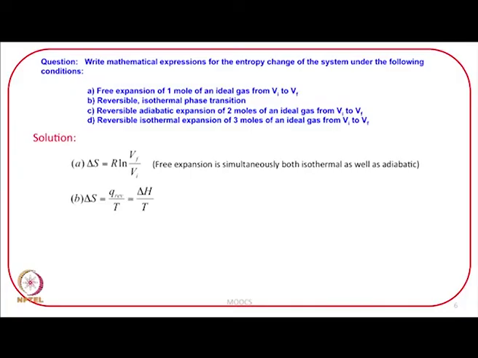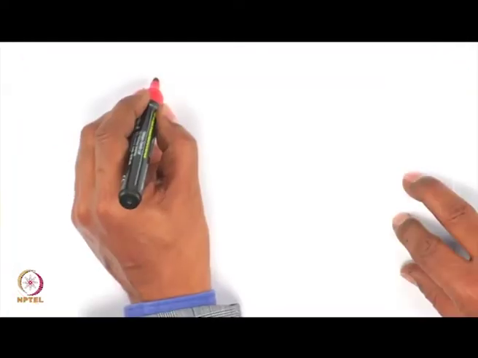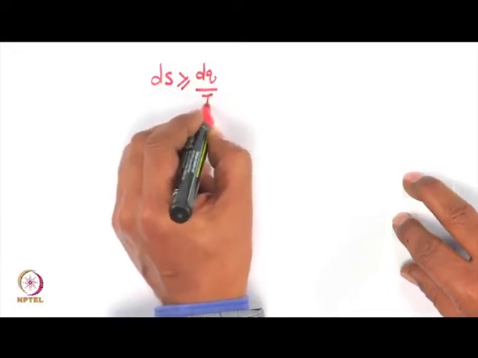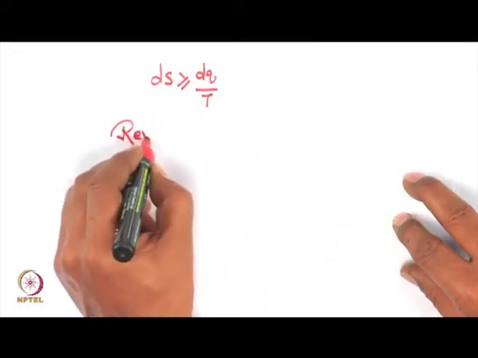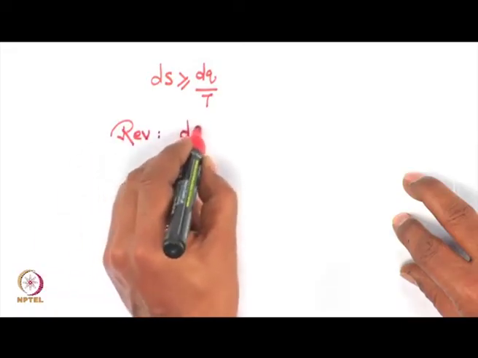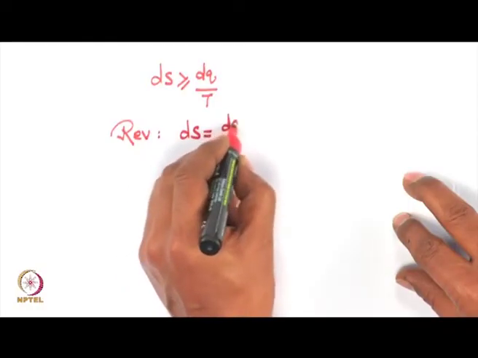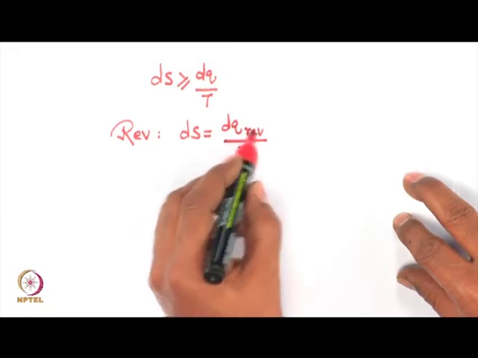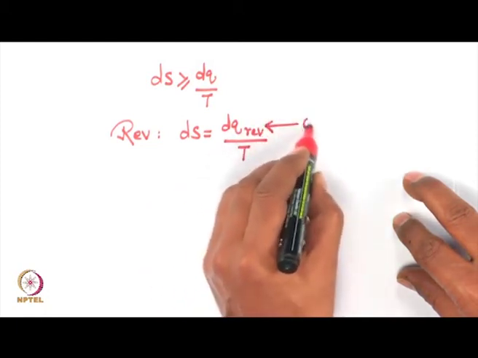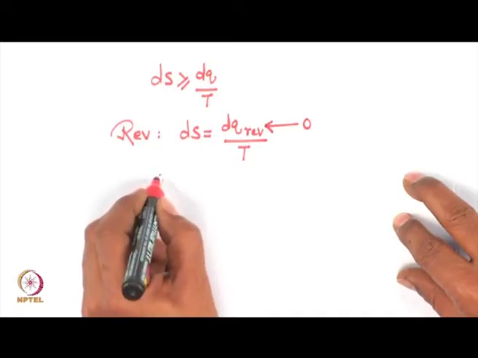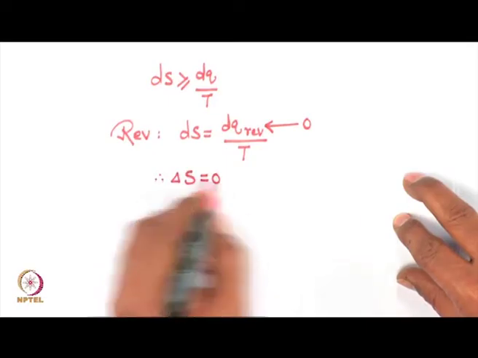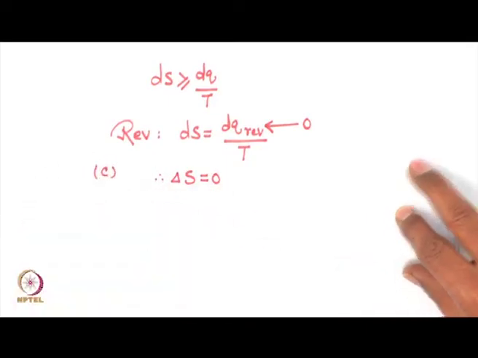That is, dS is greater than or equal to dq by T, and if the process is reversible, then dS is equal to dq reversible by T, and if the process is adiabatic, then dq reversible is equal to 0. Therefore, delta S will also be equal to 0, and this is for part C.